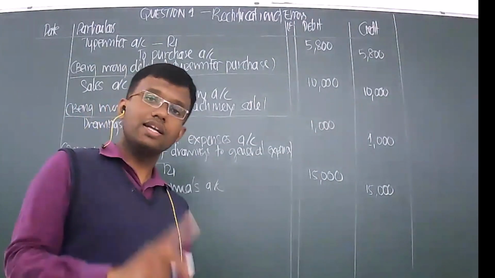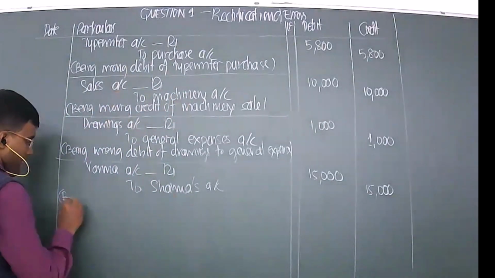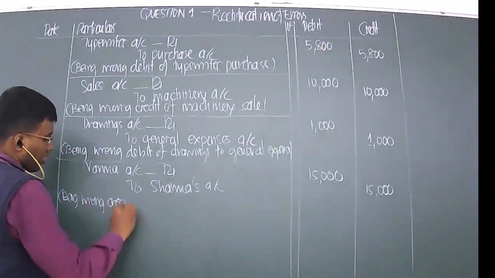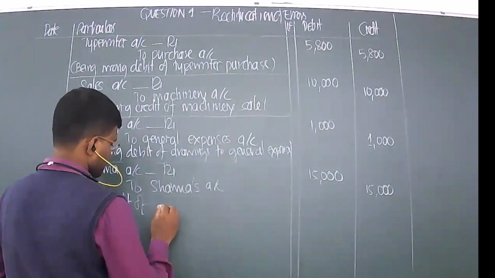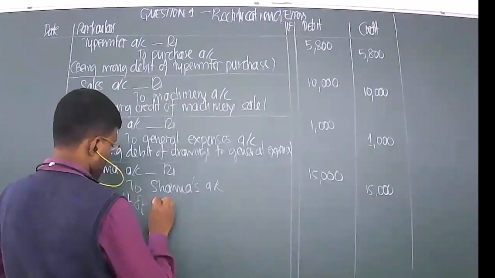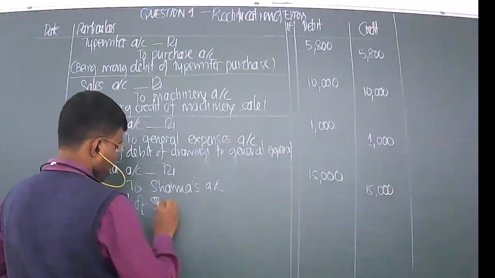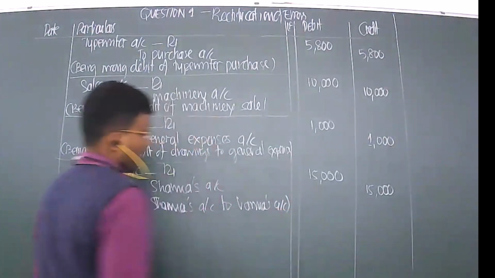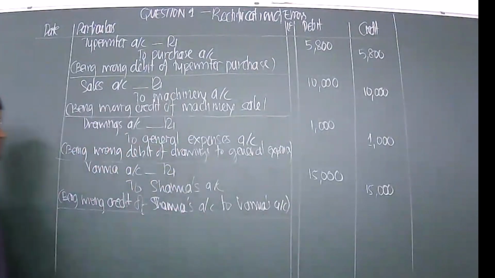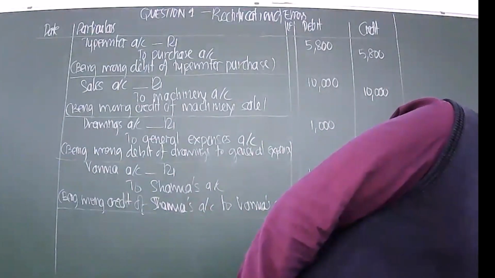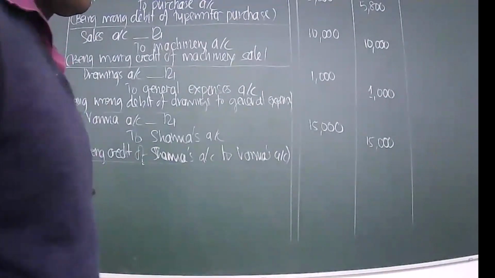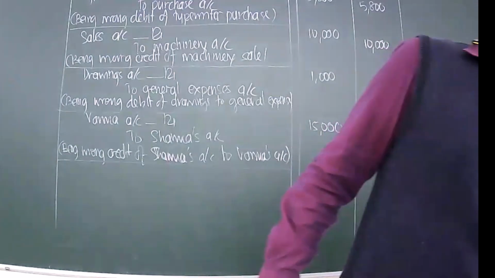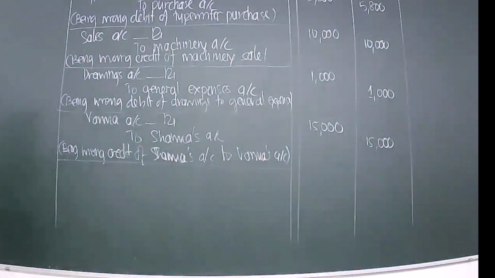Sharma's account is under credited, and under credit, we are rectifying by crediting. Okay, so with that, we have completed the fourth transaction.